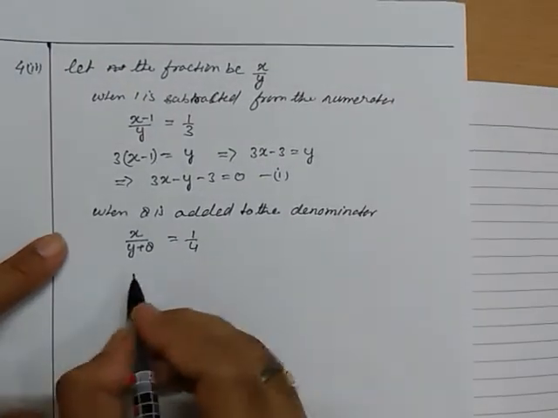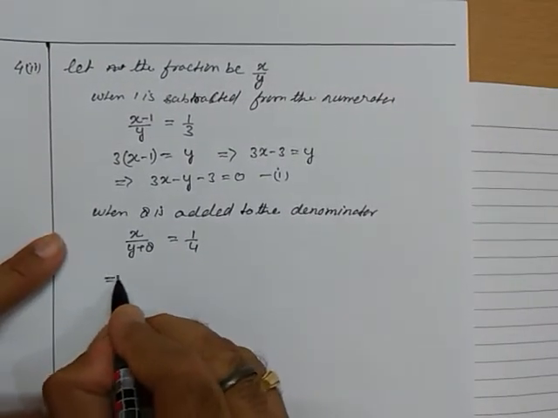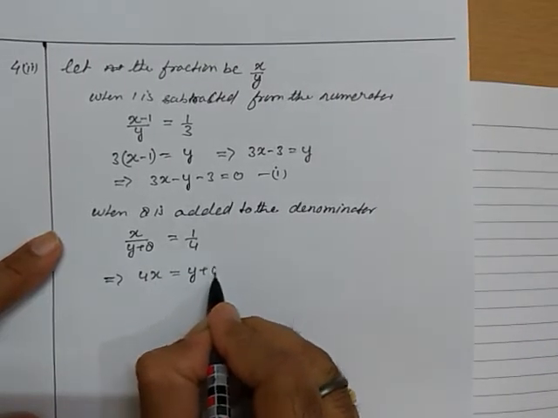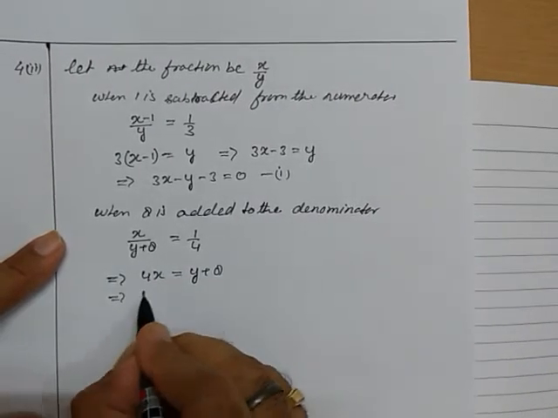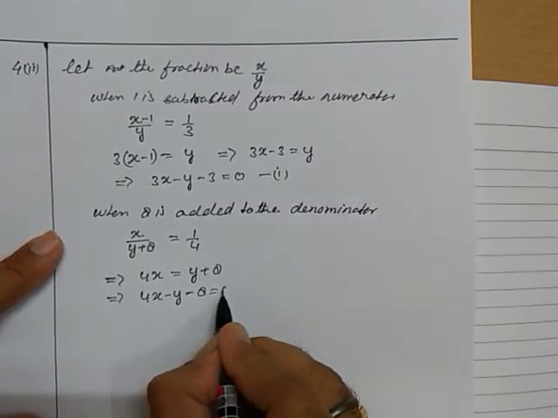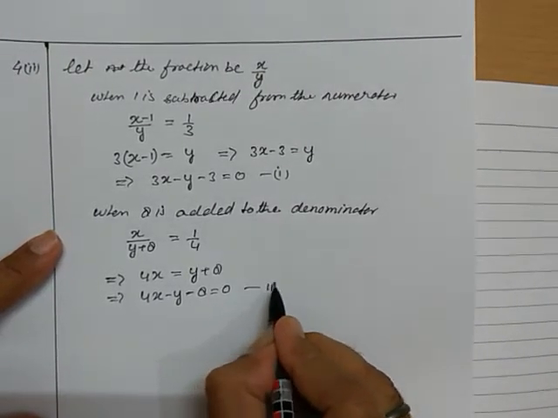So here we are doing the cross multiplication. So what we get? 4x will be equal to y plus 8, and further we will get 4x minus y minus 8 is equal to 0. So this is the second equation.